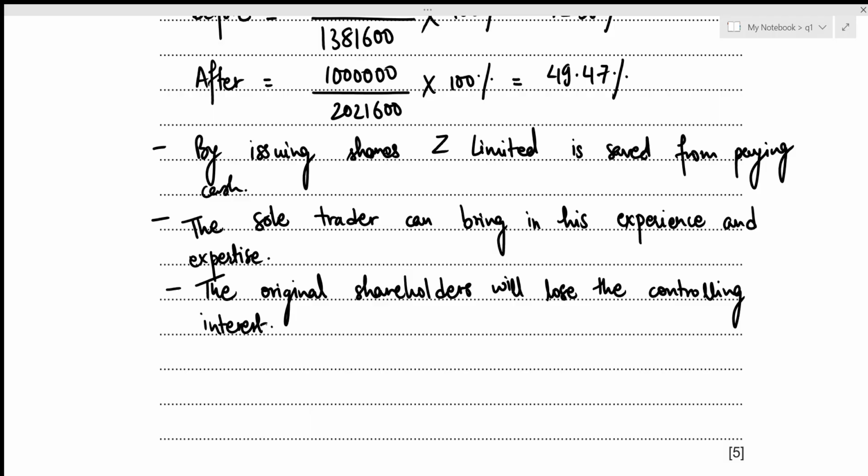And since there is the admission of new director, their opinion might clash with the original shareholders, which might result in a conflict. That's a risk. Let's write it down. There may be conflict with the new director.